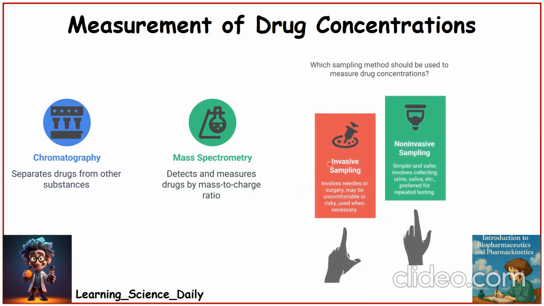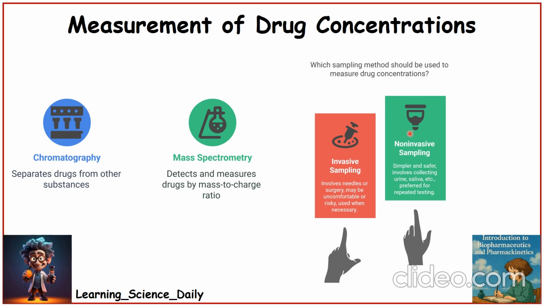When we collect samples to measure drug concentrations in the body, the method can be either invasive or non-invasive. Invasive sampling involves collecting biological materials that require a needle or surgery, like drawing blood, taking spinal fluid, joint fluid, synovial fluid, or doing a tissue biopsy. These methods can be uncomfortable or carry some risk, so they're used carefully.